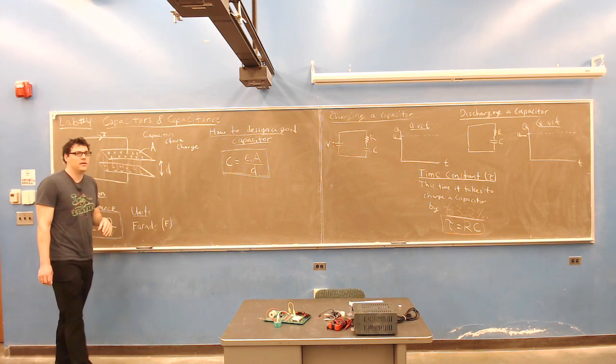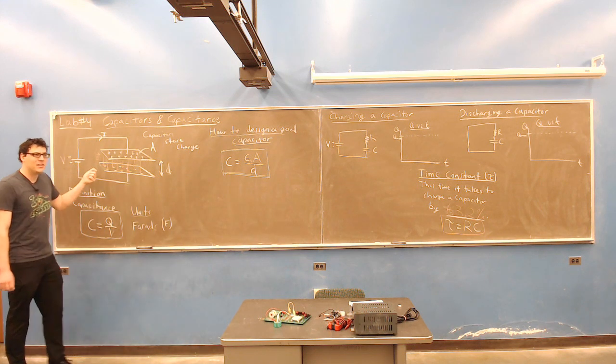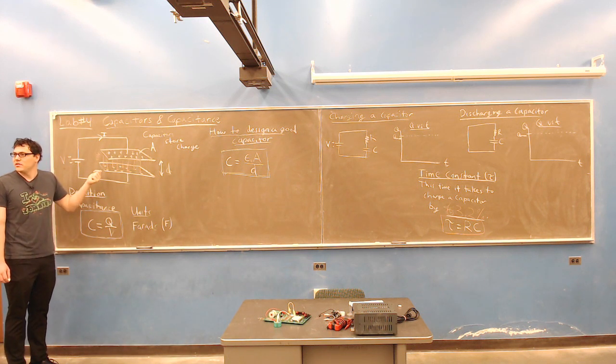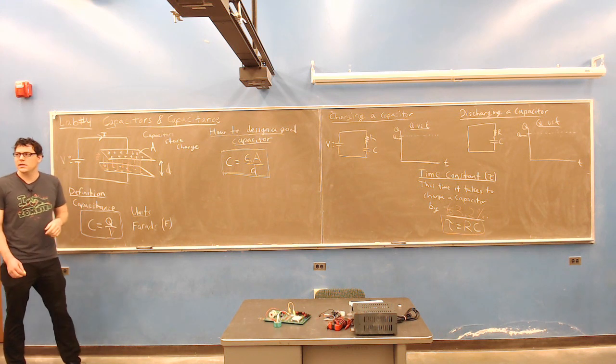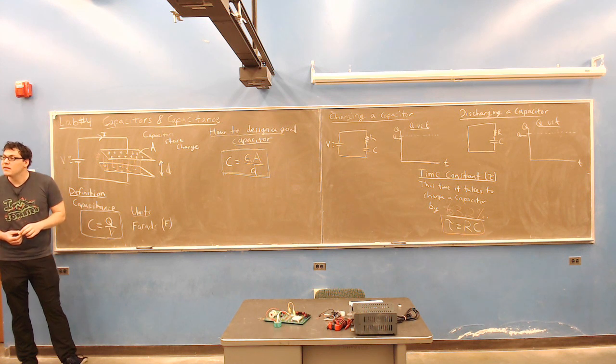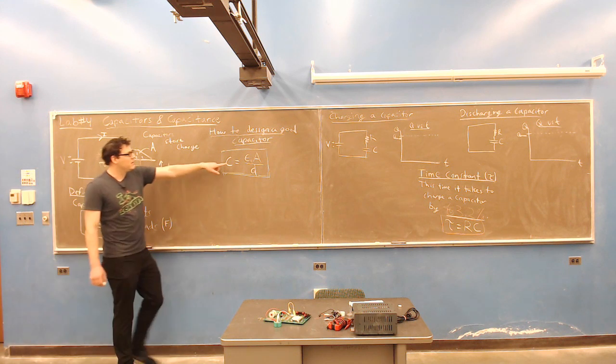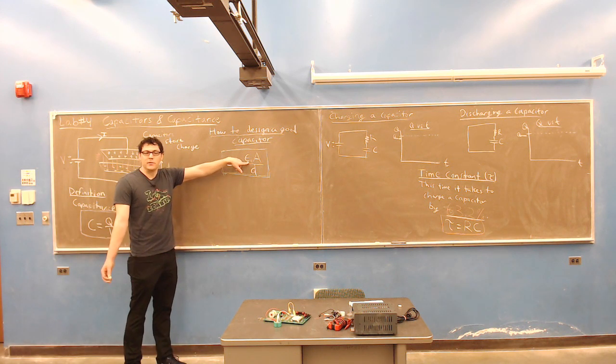What's another way to make a good capacitor? Yeah, increase the area. Make a bigger capacitor, right? More area, you can hold more charge. So if you double the area, you double the capacitance. Is there any other ways to increase the capacitance? Yeah, change something in the area in between, because right here we have epsilon naught, which is the permittivity of vacuum.